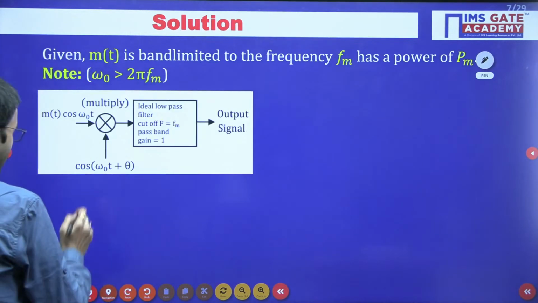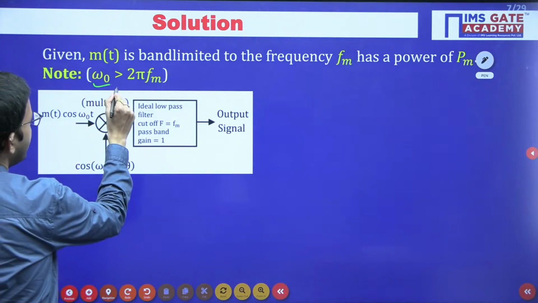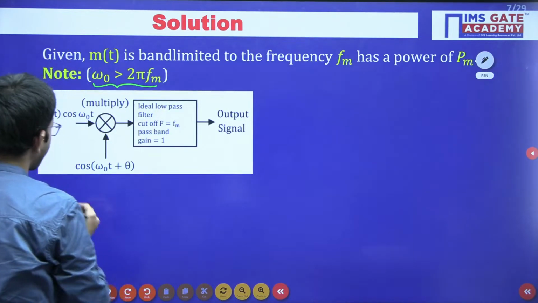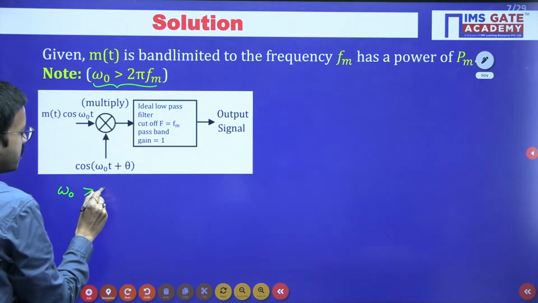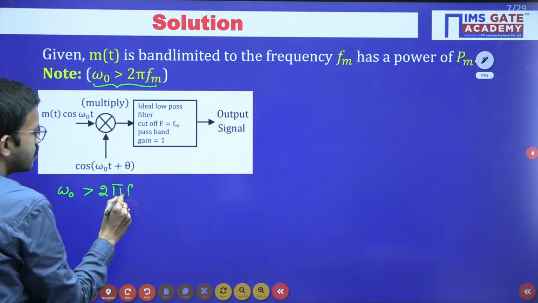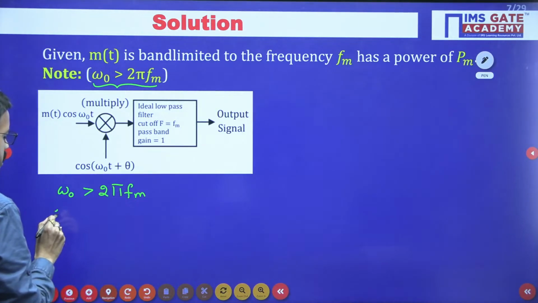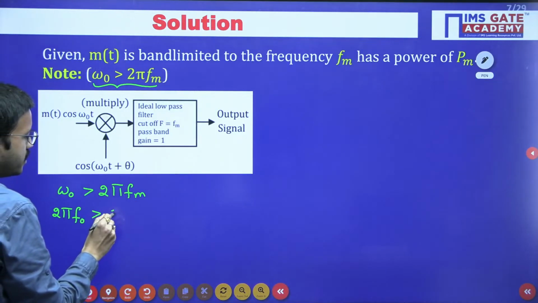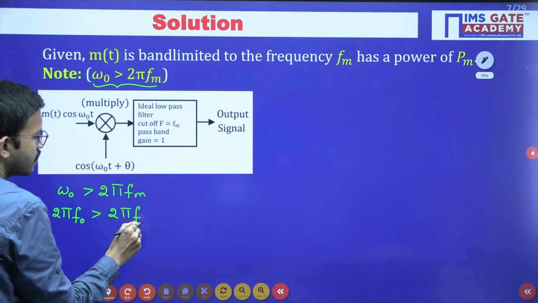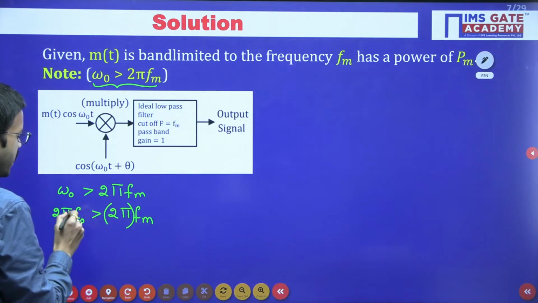So here they have given a note point also, omega naught greater than 2 pi FM. Here omega naught you can write as 2 pi F naught, which is greater than 2 pi FM. So here 2 pi will get cancelled.